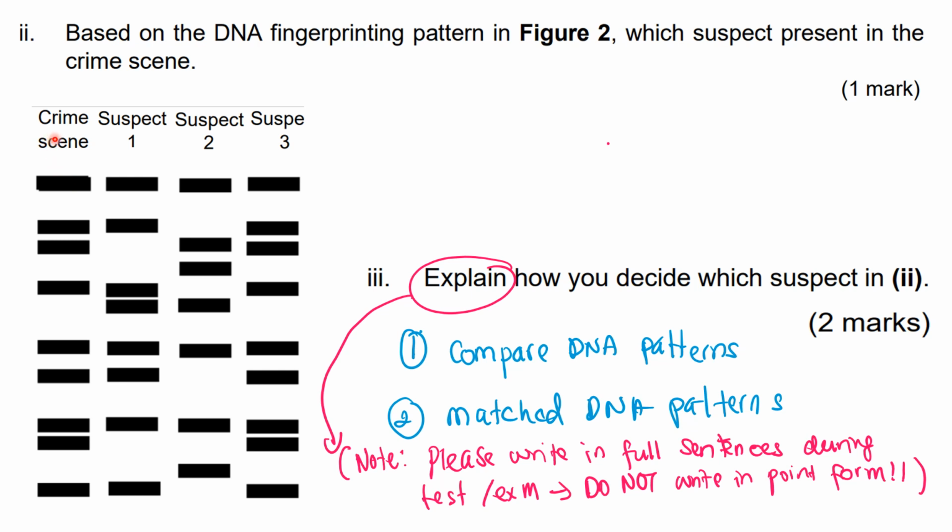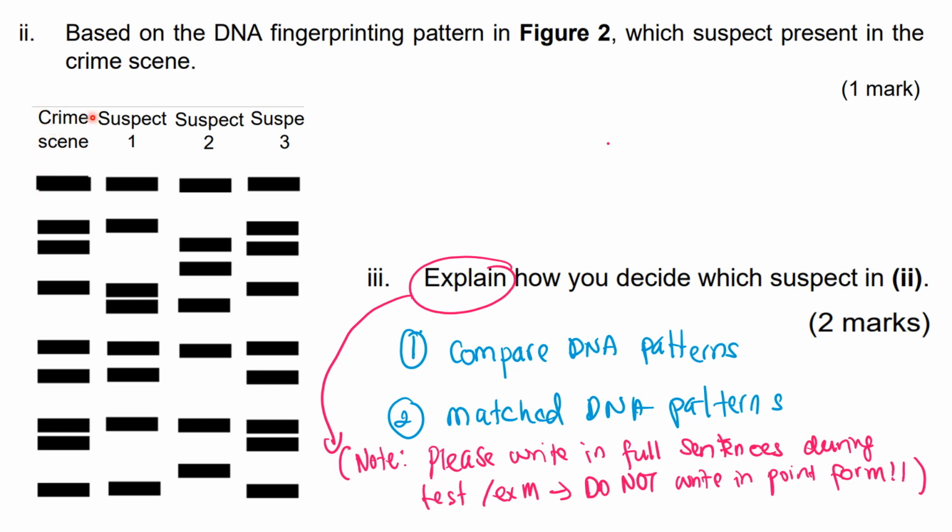For the 3 suspects, as you can see, suspect 3 has the same DNA band pattern as the crime scene. So the DNA pattern is the same. This concludes that suspect 3 is the one that was present during the crime.